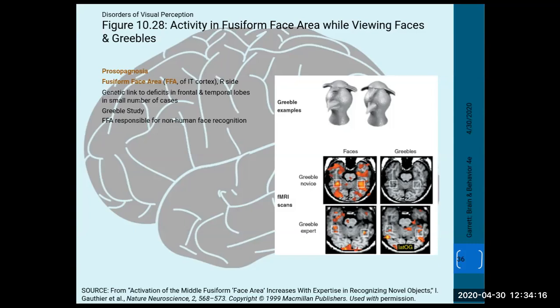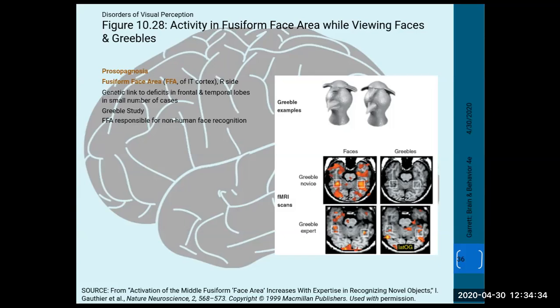So looking at these fMRI scans, you can see that the place where faces are recognized lights up really bright red in people that have, so they have Greeble novices and Greeble experts, right?